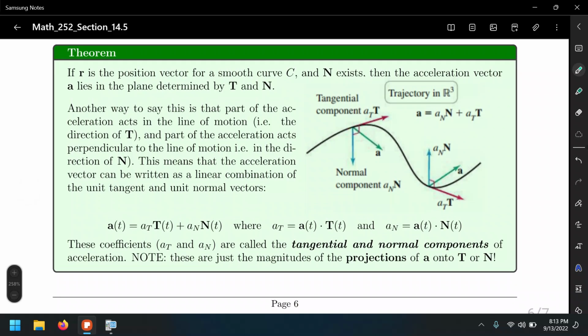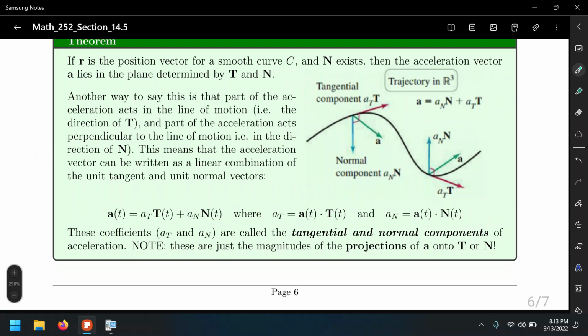And also, the acceleration vector lies in the plane determined by the tangent vector and the normal unit vector. So another way to say this is that the acceleration acts in line with motion on both the tangential and the normal vector. Without reading the whole paragraph, let's see this in the picture.